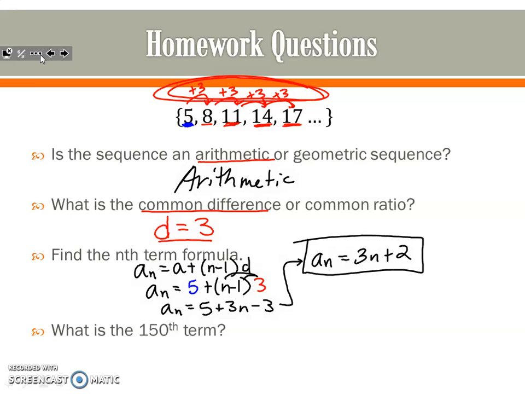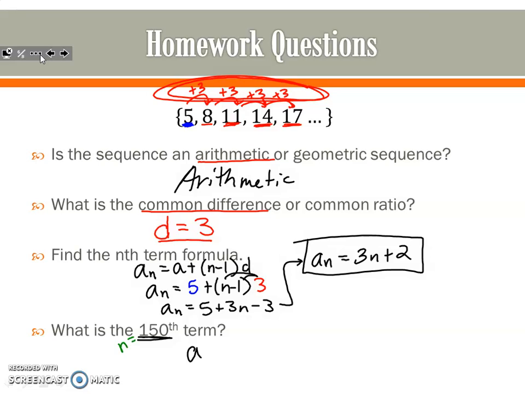Okay? So I've answered the first 3 questions. I said, okay, it's arithmetic. I said we've got a common difference of 3. Here's my nth term formula. The last question is going to ask you to find a specific term. So for this one, they want to know what's the 150th term. Remember that 150 becomes my n value. N equals 150.